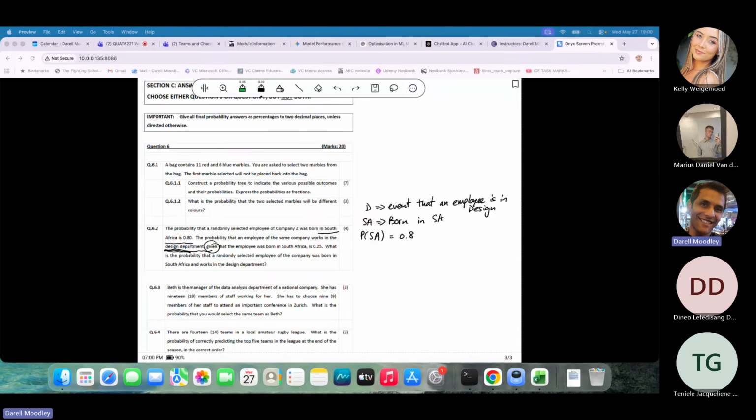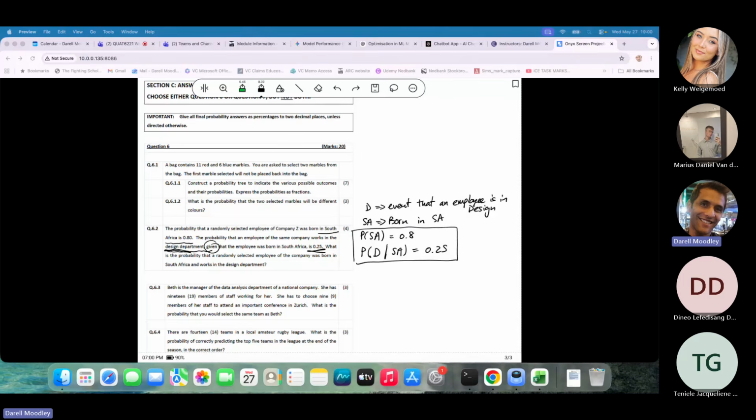So for this 0.25, they're saying the probability that someone is in the design department, given, which is the vertical line, that the employee was born in South Africa, is 0.25. So they're giving us these two probabilities.